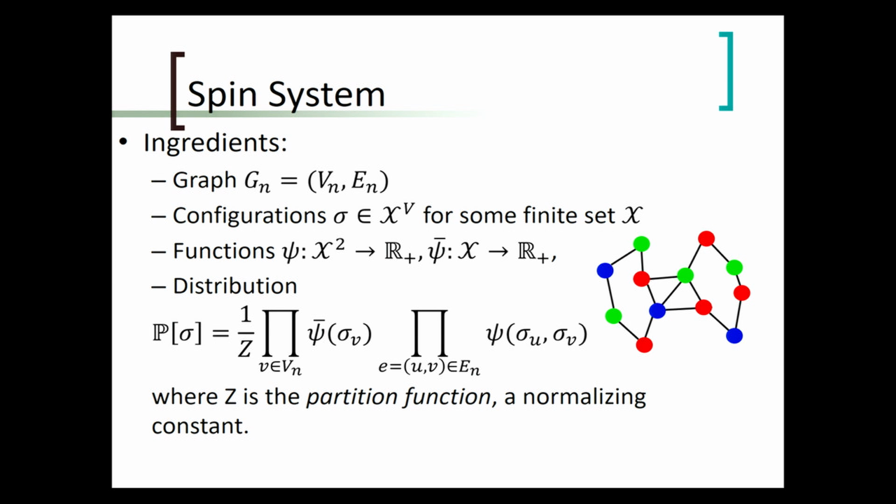This includes things like the famous Ising model, but all of the random constraint satisfaction problems that we'll look at can be written in this form. We're also going to look at weighted versions of those models, so having a more general framework will be useful for that.